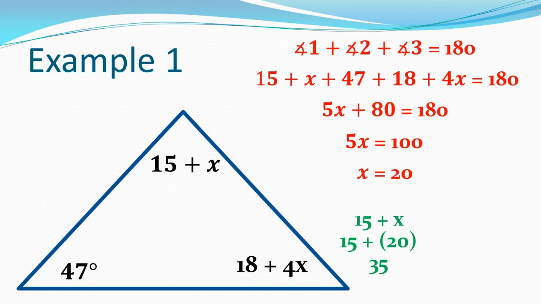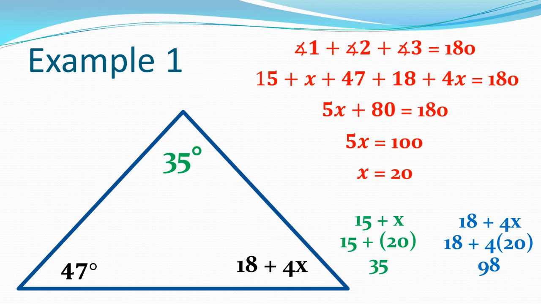That means that 15 plus x could also be represented by 35 degrees. I can do the same with 18 plus 4x. I substitute in my solution, in this case it's 20, and I multiply. 4 times 20 is 80, 80 plus 18 is 98. So this is 98 degrees.